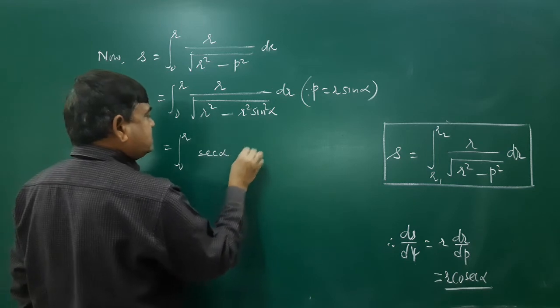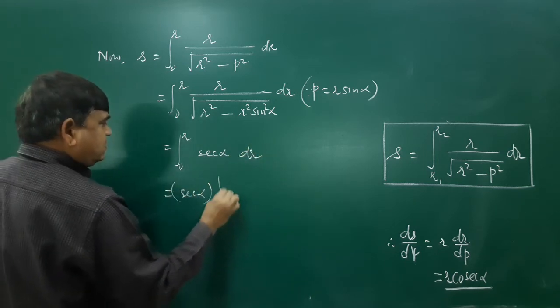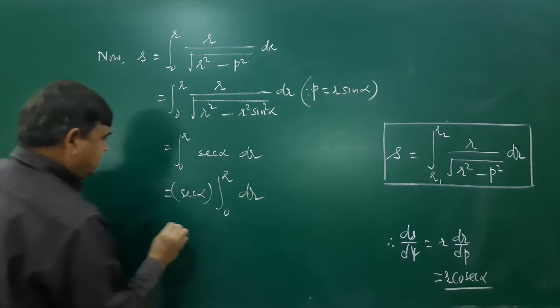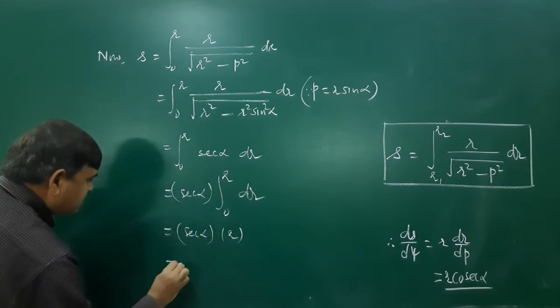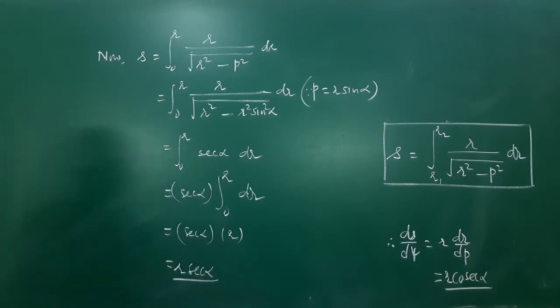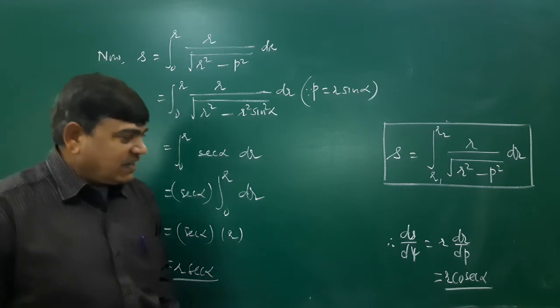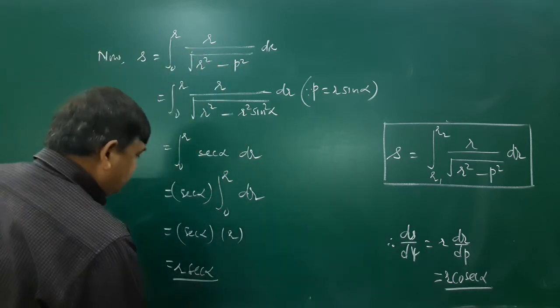When you simplify, this is sec alpha, so it is sec alpha times the integral of dr from 0 to r, which is r sec alpha. So s equals r sec alpha.